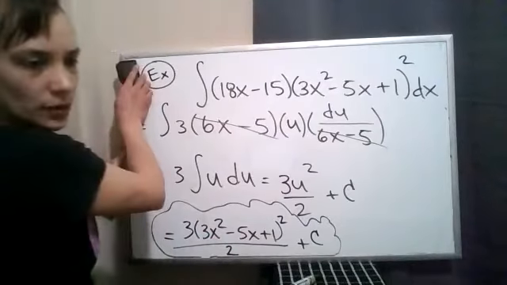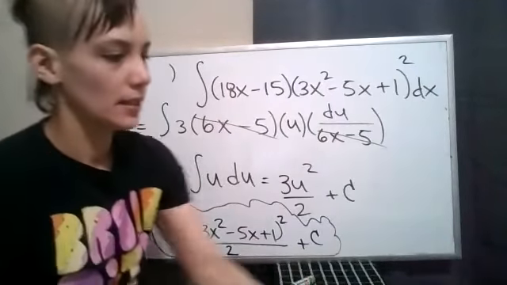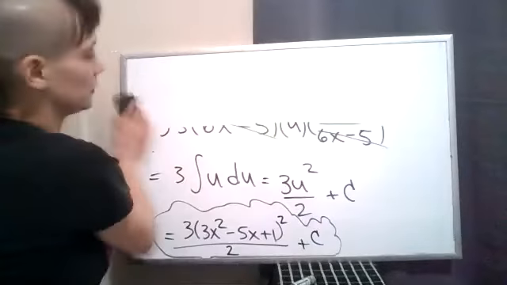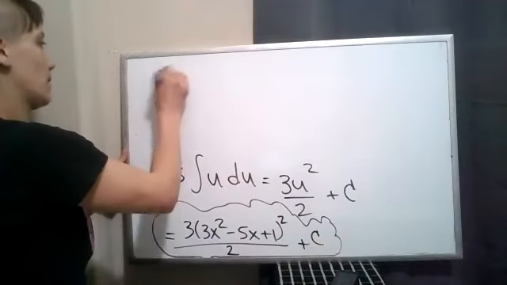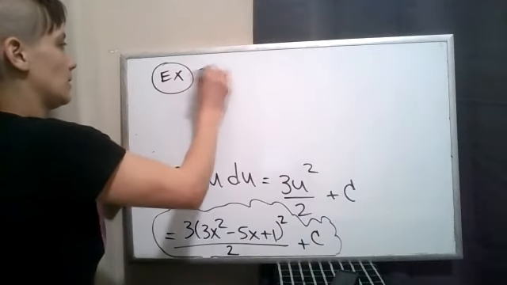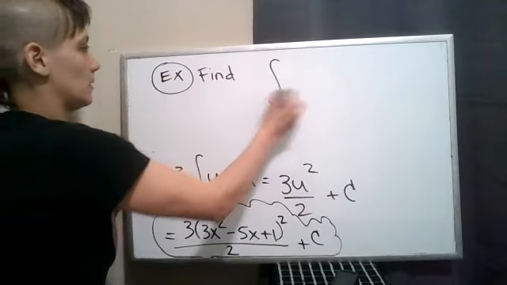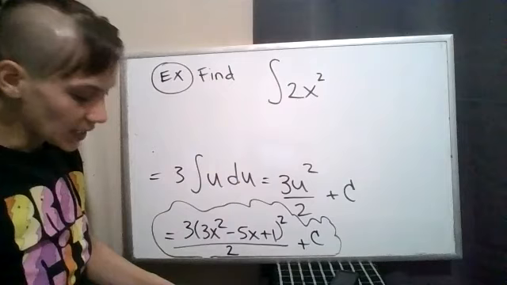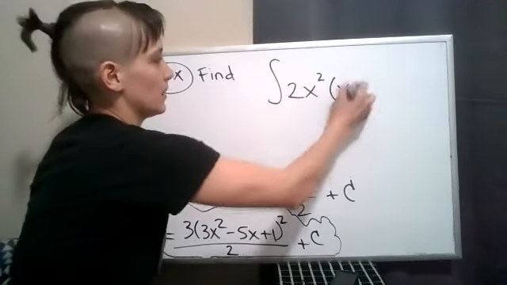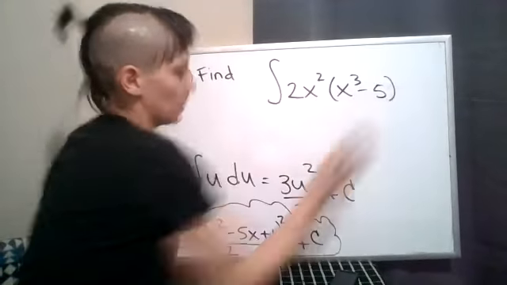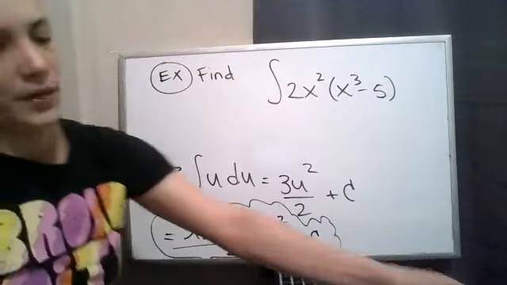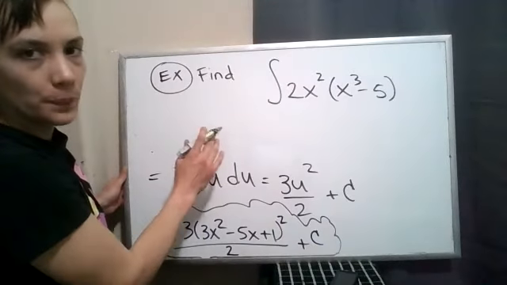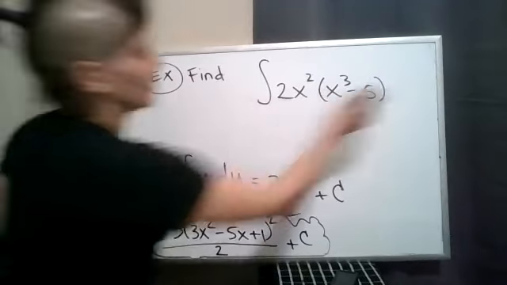So we're going to integrate 2x squared times x cubed minus 5 with a power of, let's do 8.